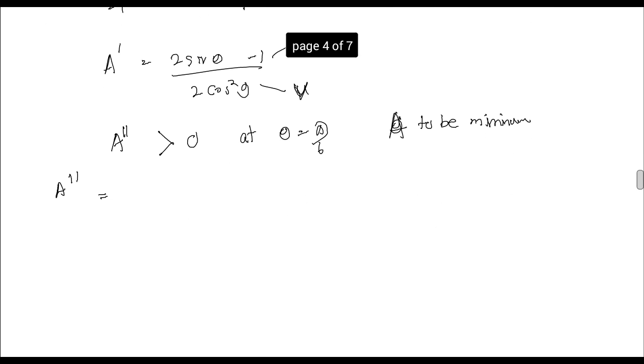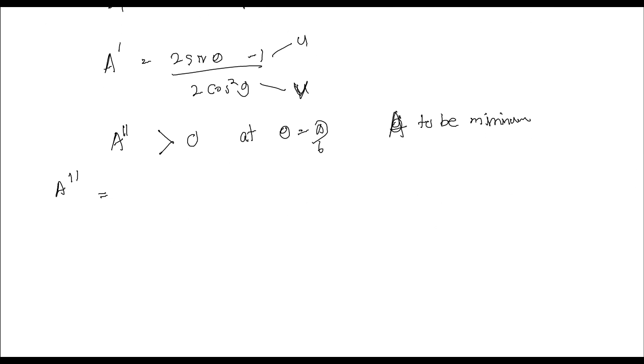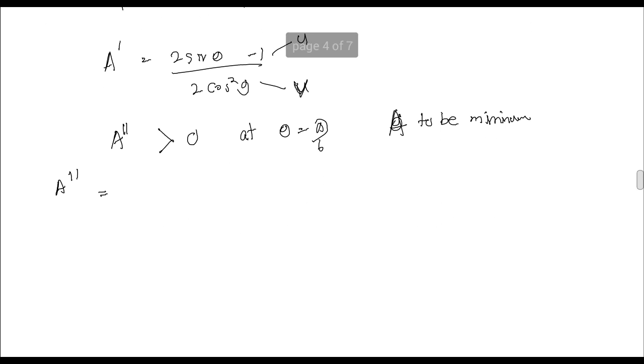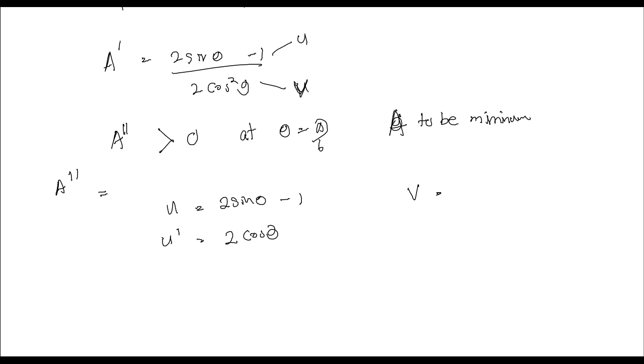Okay, let's do that. So my u would be 2 sine theta minus 1, u dash would be 2 cos theta, v would be cos squared theta, and v dash would be the differentiation of cos squared theta, which is minus 2 sine theta cos theta.